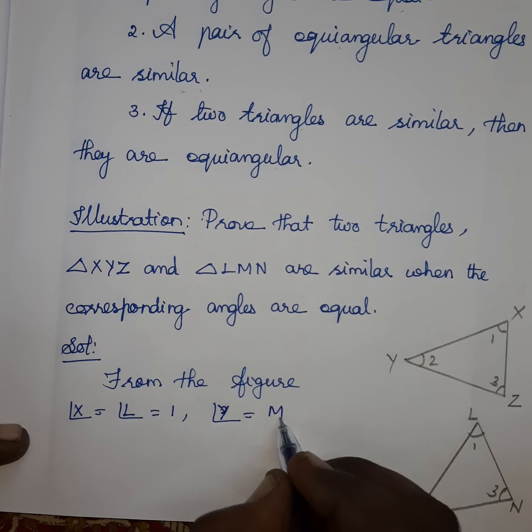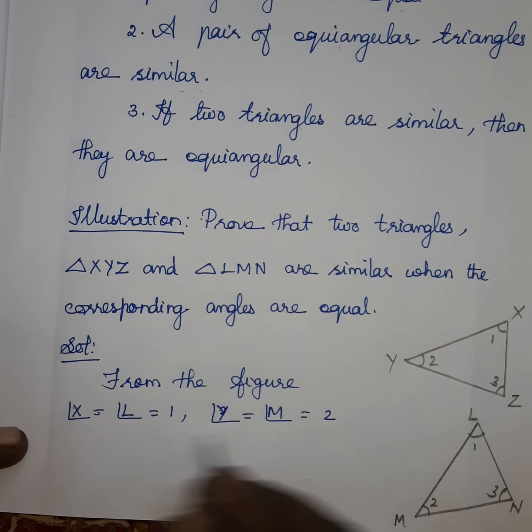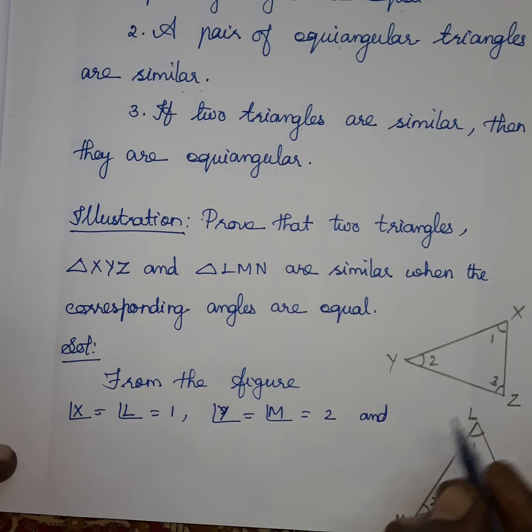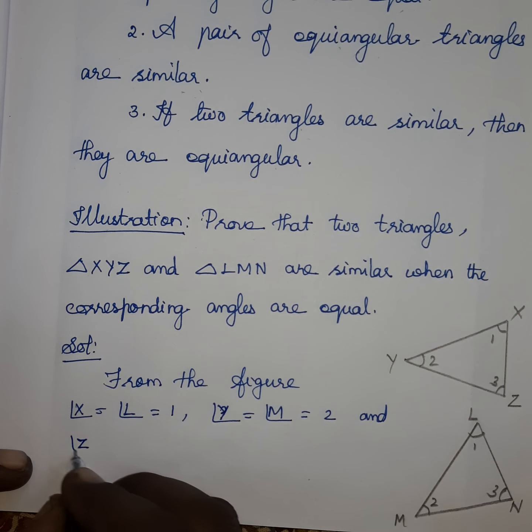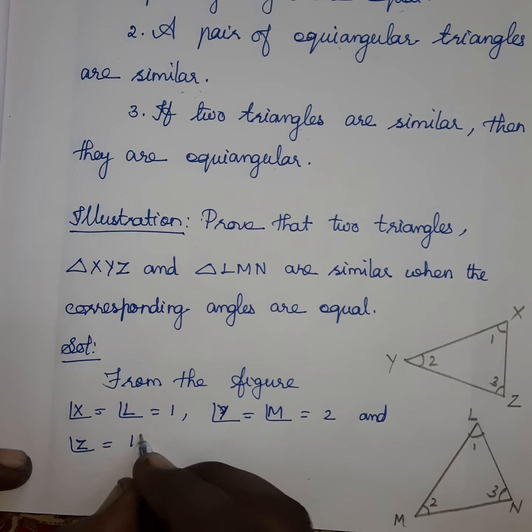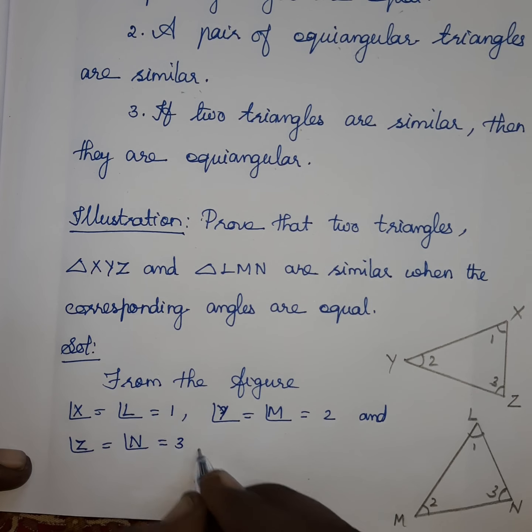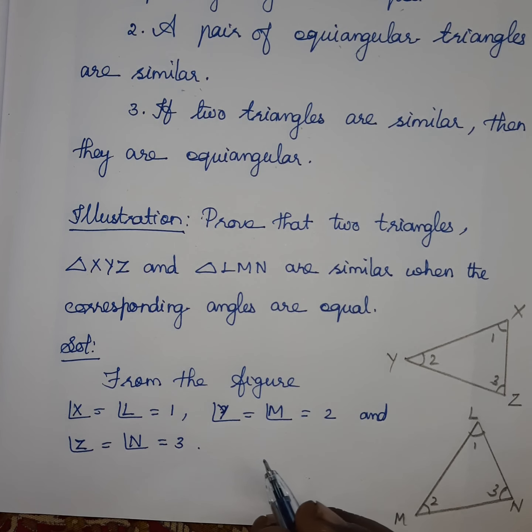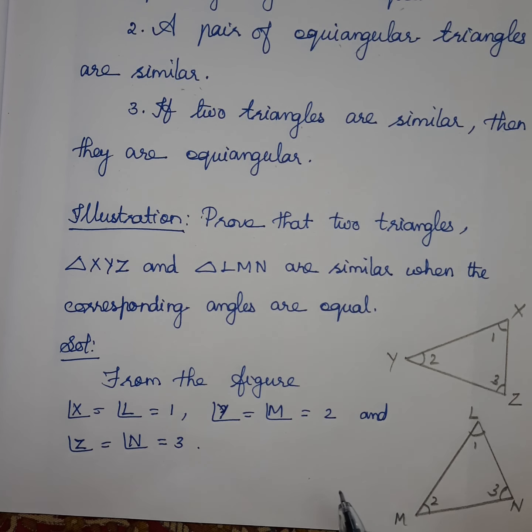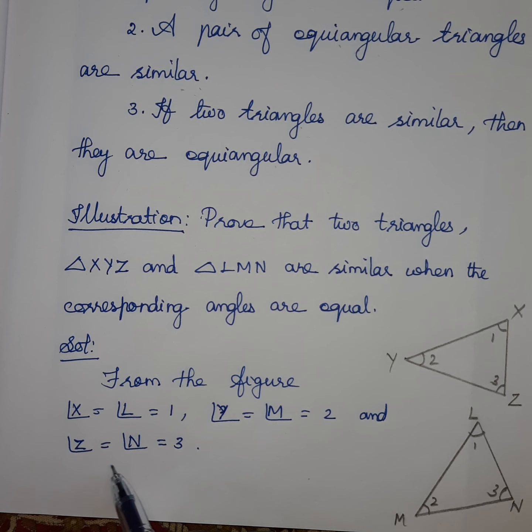And the third angle, Z, is equal to angle N, the third one. So three angles are equal, therefore which criteria can we use? By AA criteria. Only double A is enough. We do not need to write all three; we have only the double A criteria. So using AA criteria, we can say the triangles are similar.